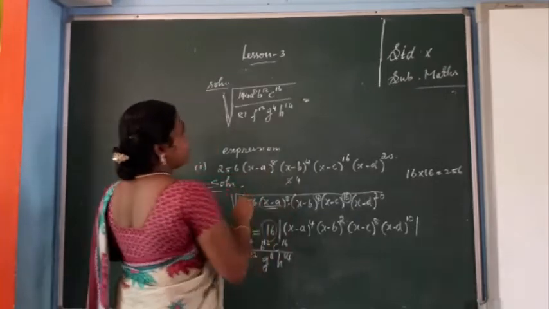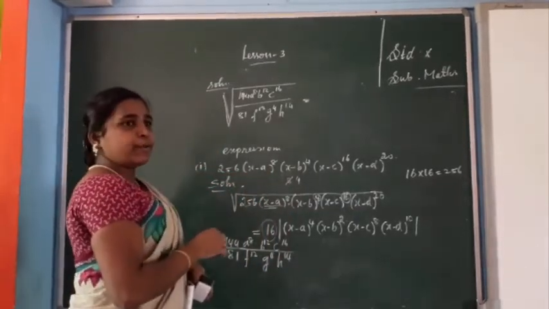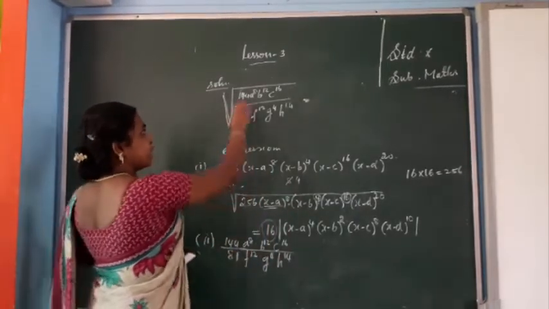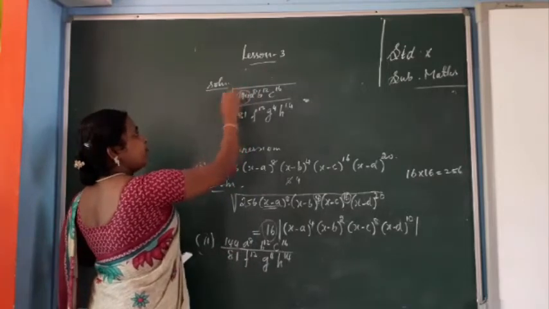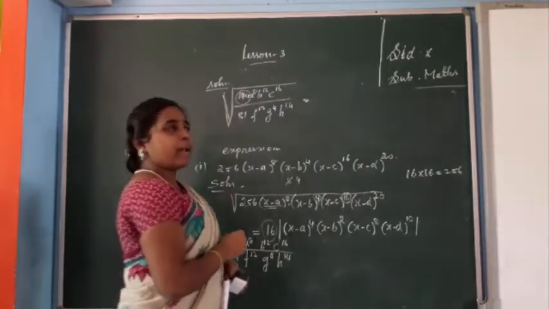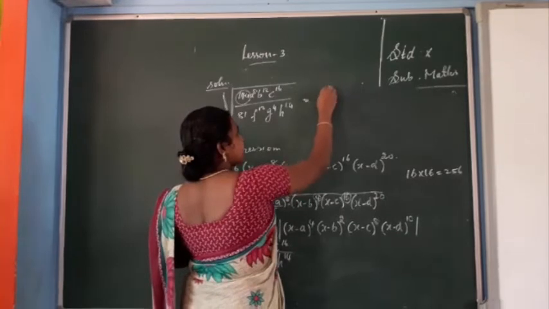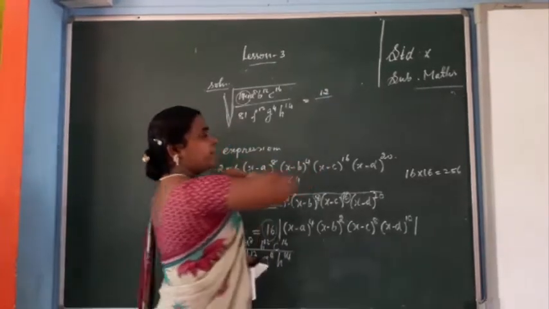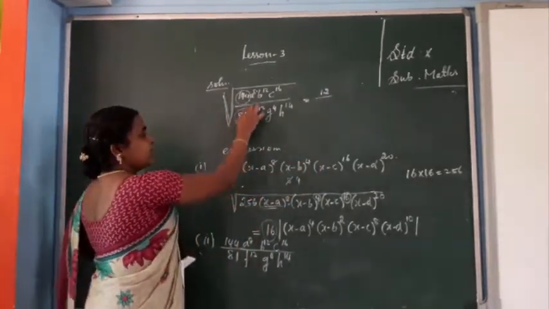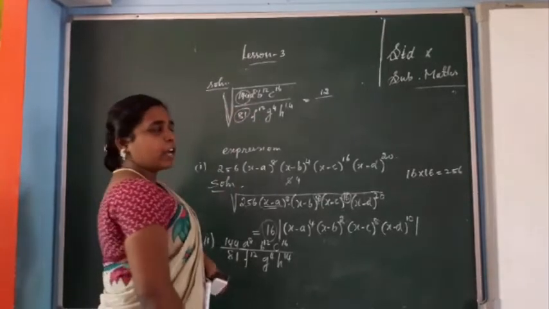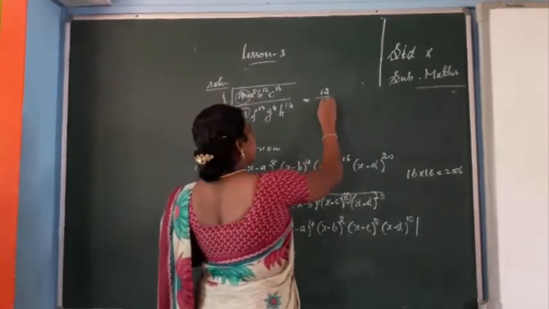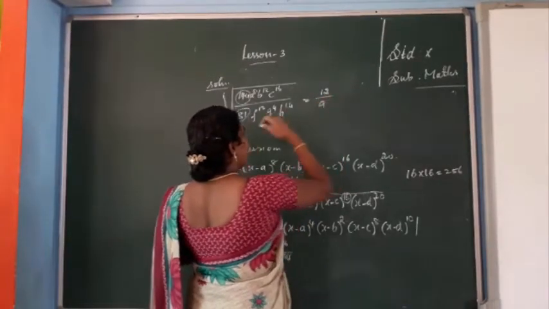First you want to find the square root of the number. 144 is the square of 12, 12 square is 144. Divided by 81, 81 is the square of 9. When you take them outside, the square and square root will cancel.